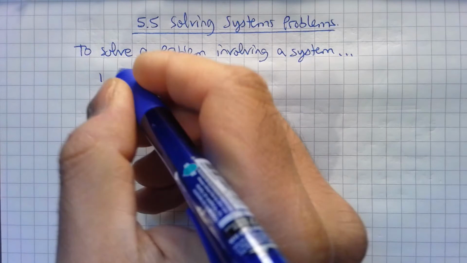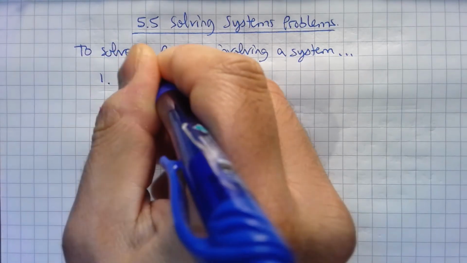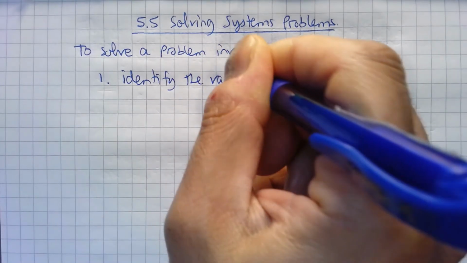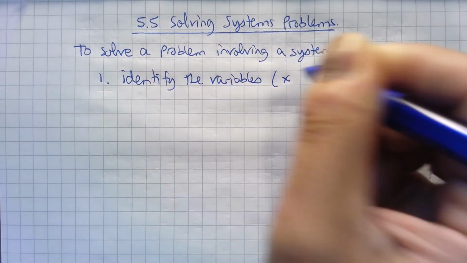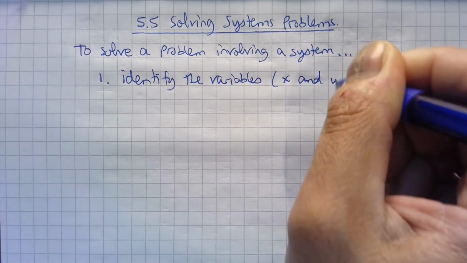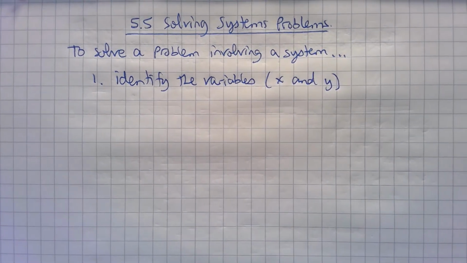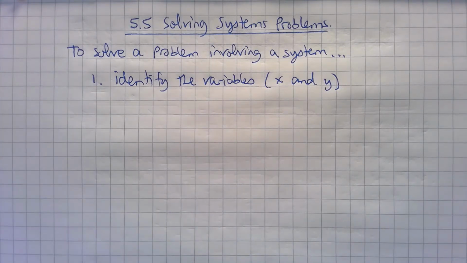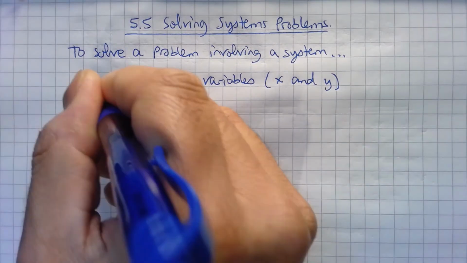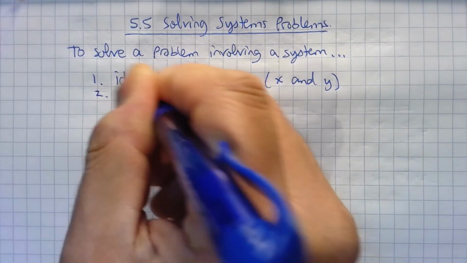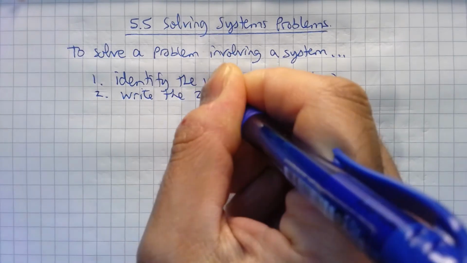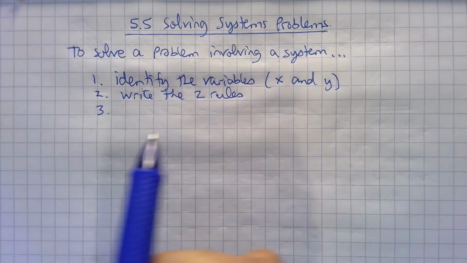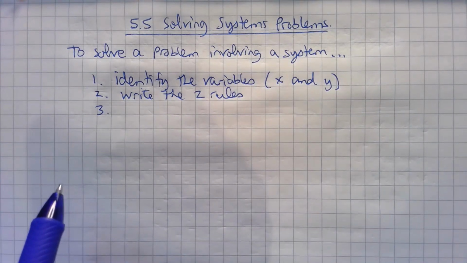The first step is we want to identify the variables. If you're wondering what do variables mean, in brackets I'll put x and y. So x and y are traditionally the 2 variables that we're using here, so we're going to identify them, which means describe what they actually represent. Then we're going to write the 2 rules, which means write the two equations, find the system, the actual rules.